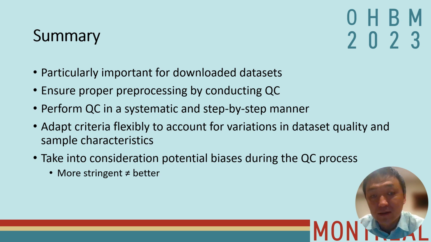And last but not least, I would like to remind everyone that being more stringent in quality control does not always result in a good result, because it may also introduce bias in terms of selecting certain subjects to include in your analysis. So more stringent does not always equal better results. You always need to consider this, balancing the data quality and also the sampling strategy in order to achieve your research goal.